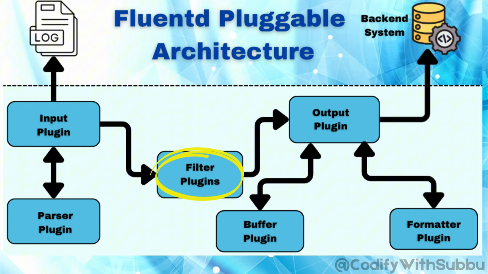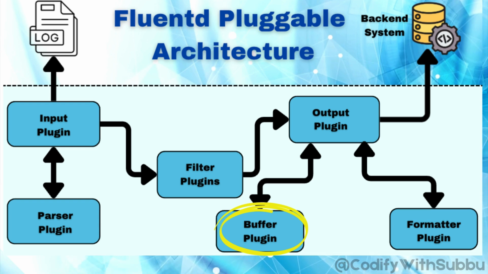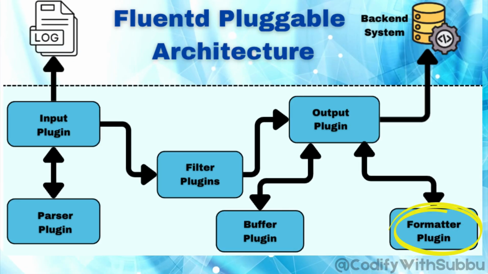The filter plugin allows Fluentd to modify the incoming logs. Modification includes masking information, enriching the fields, and so on. The buffer plugin is used by the output plugin to store incoming streams temporarily before flushing them to the backend system. Formatter plugins modify the log data format as required by the backend system.